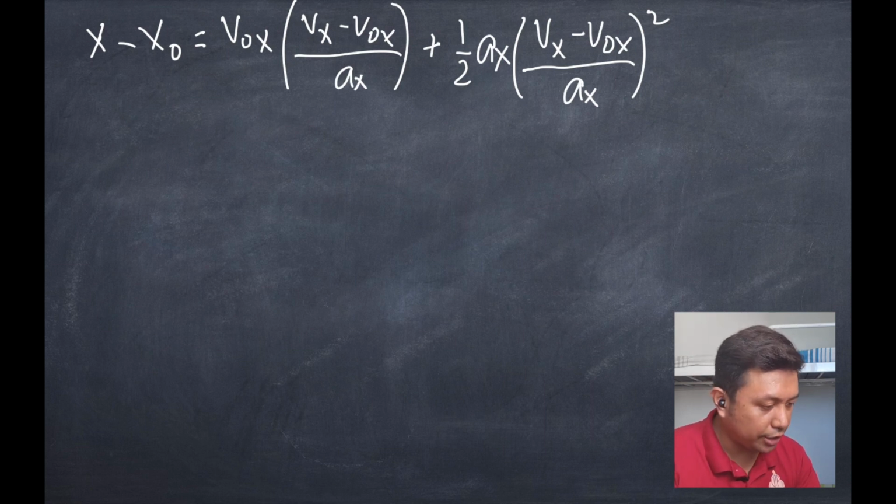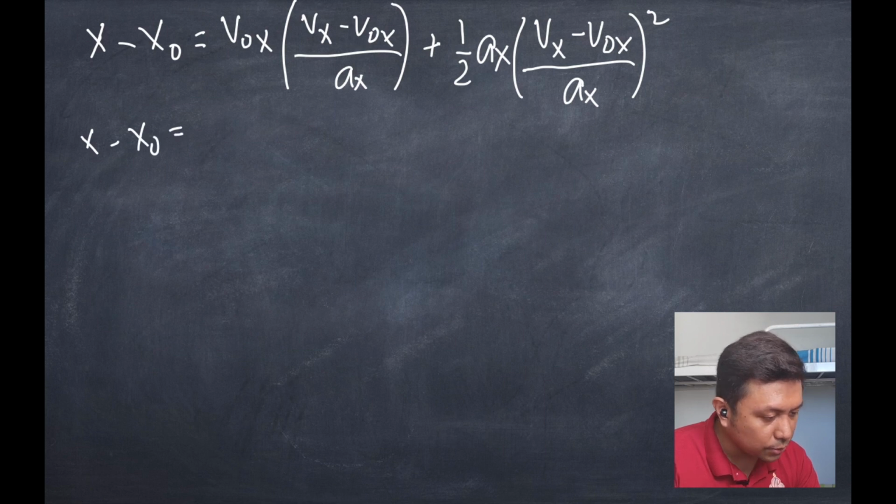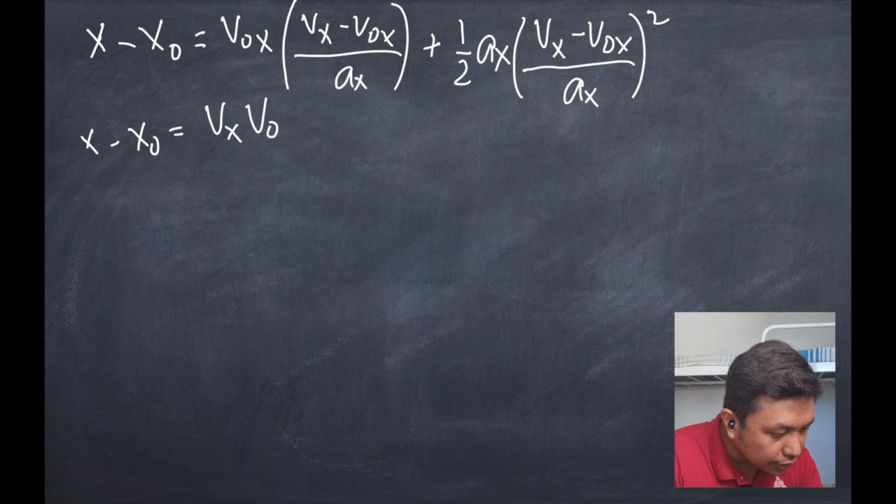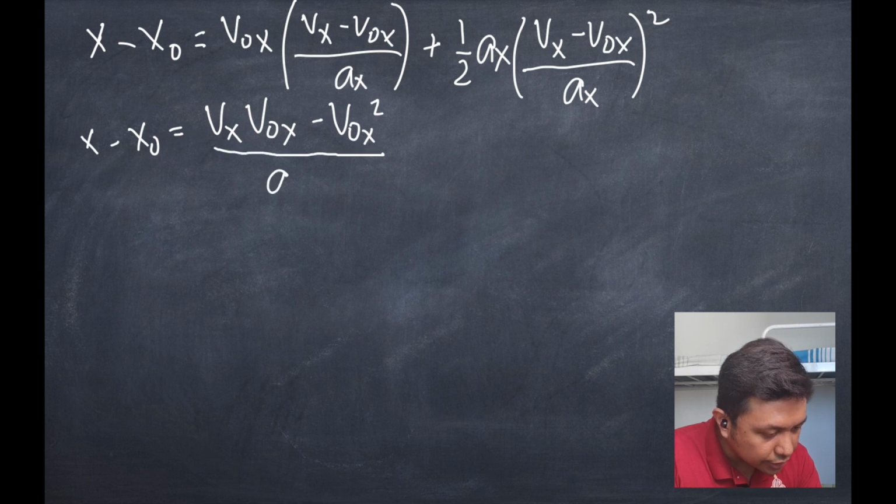And then we will now simplify each term. So x minus x naught is equal to vx v naught of x minus v naught of x squared all over a sub x.